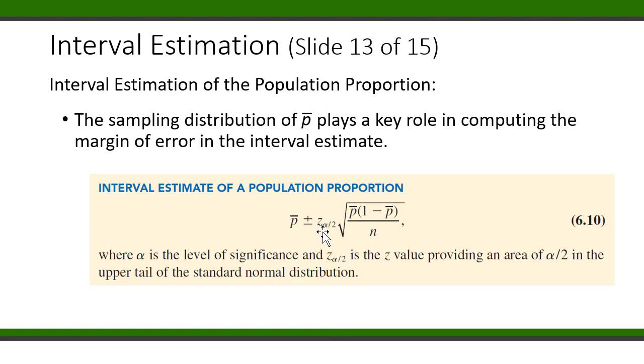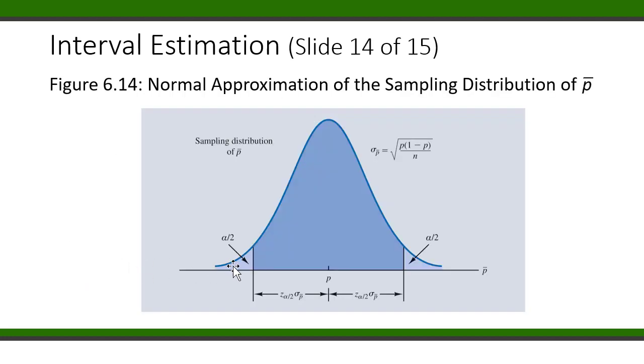Upper tail means that alpha is for 2 tails, so you divide by 2 to get the area in each tail. So that's this area here, what I was talking about. The proportion for this interval estimation is right here, and then minus that calculation or plus that calculation.